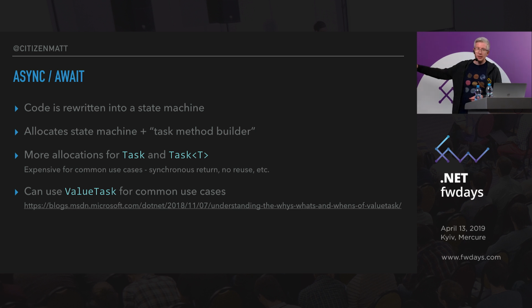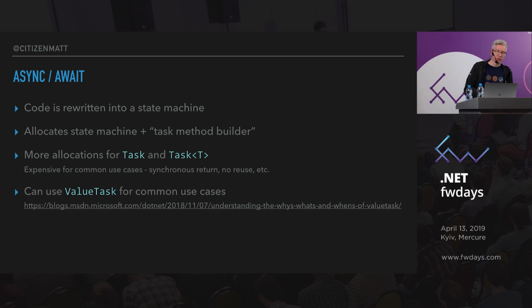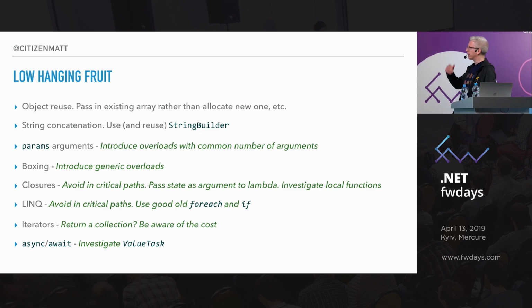And there's some useful things here. There's a new type, ValueTask, which is a struct, which makes things a whole lot easier. And it's really good for these kinds of common use cases when you have an immediate return value, you're not over-allocating what you need to use. So there's a number of things you can do which are quite useful, and there are workarounds for these kinds of things as well.